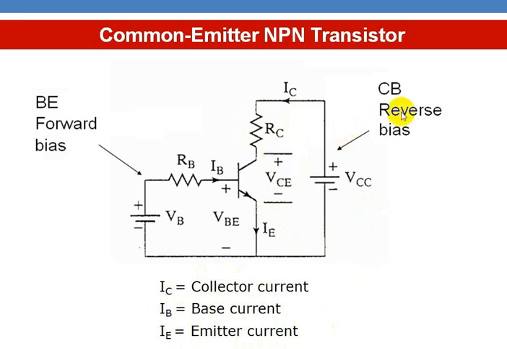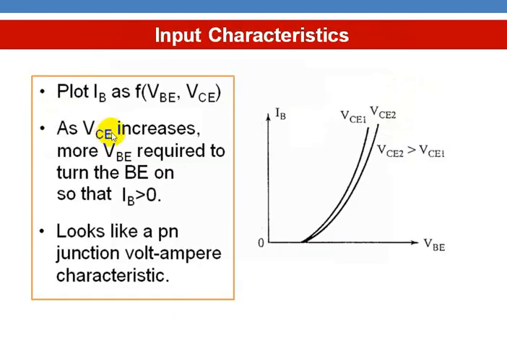Always you should know that in the active region, the collector base junction is reverse biased whereas the base emitter junction is forward biased. Coming to the input characteristics, it is the curve drawn between IB and VBE.